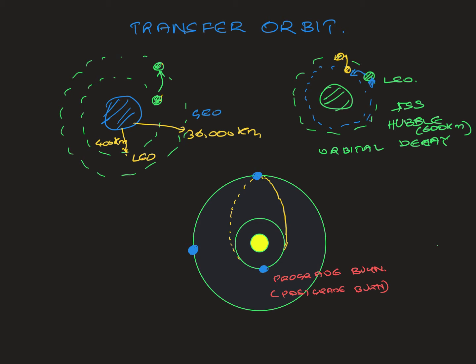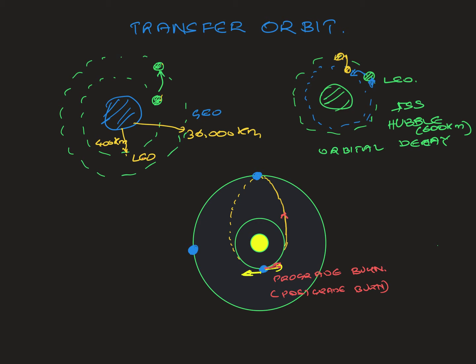Why? We need to boost this satellite in this direction, and to do that, we fire the rocket this way. If we fire the rocket this way, we give a boost this way. So the satellite will start to move in this direction at a high velocity.